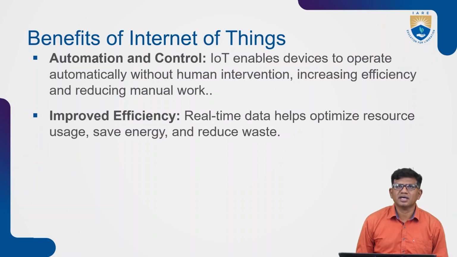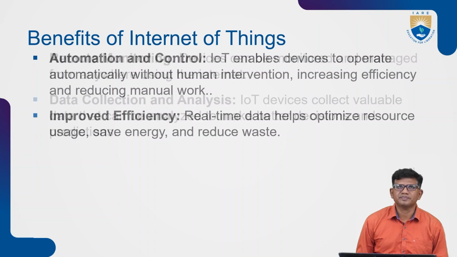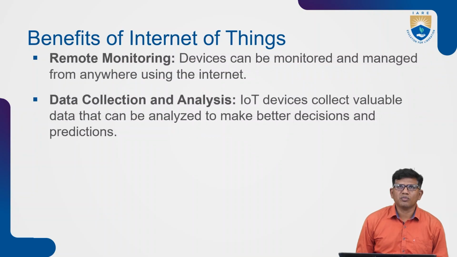Improved efficiency. Real-time data helps optimize resource usage, save energy, and reduce waste. And these are the improved efficiency. And remote monitoring. Devices can be monitored and managed from anywhere using the internet.